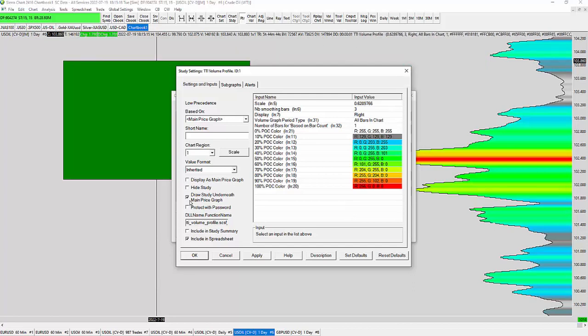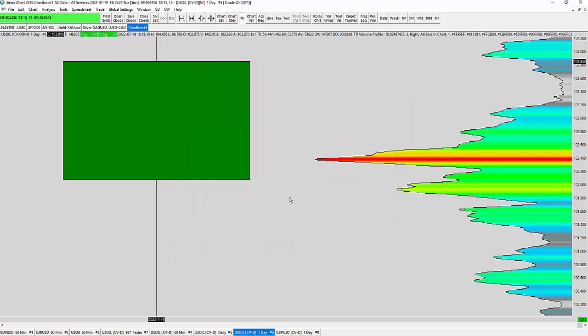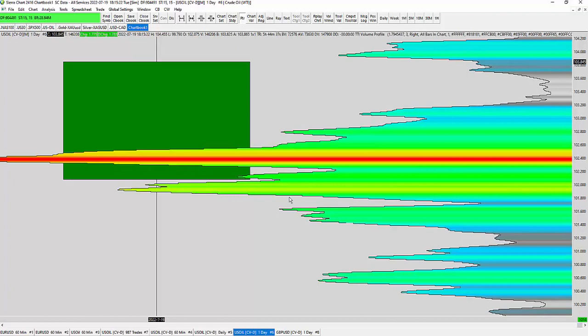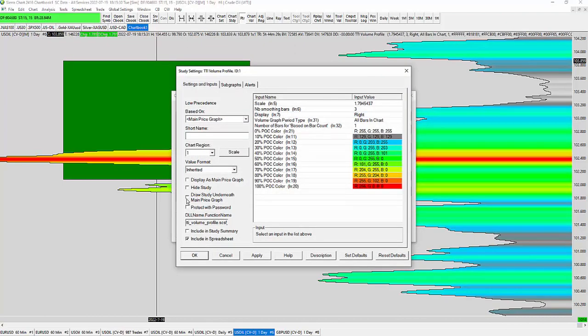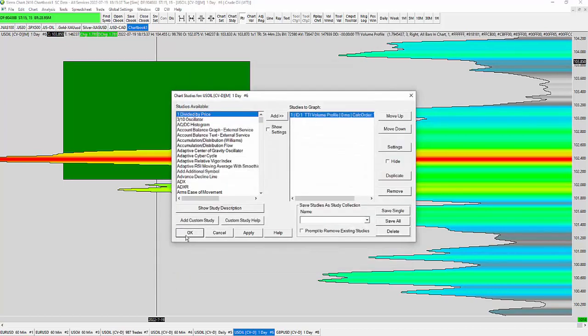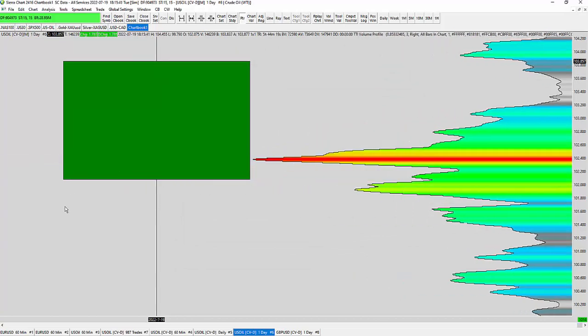You could also do this, and you will see the volume profile overlapping the candle. Double click there. I don't want to overlap the candle, so I'll keep it under the candle. Okay, so that is the introduction to volume profile.